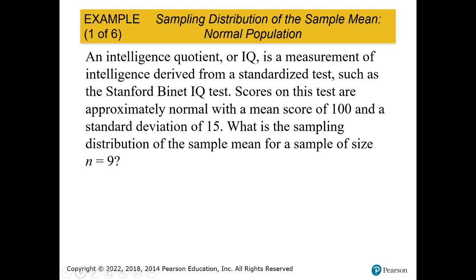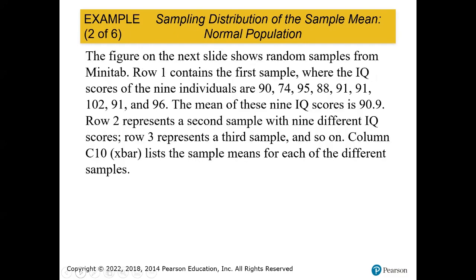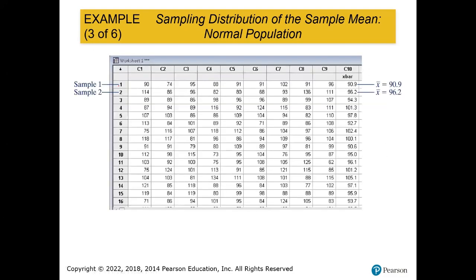All right, so here's what we're going to do. On the next slide are random samples that were created from the overall population. Each row represents a certain sample number. Then the last column is the average of that sample. Looking here, sample 1 has these 9 values, and then the mean is calculated here.